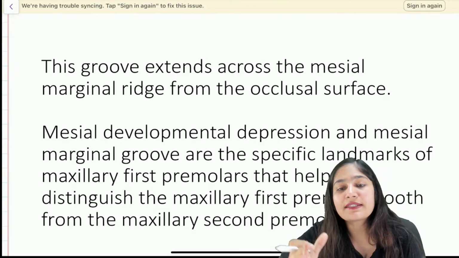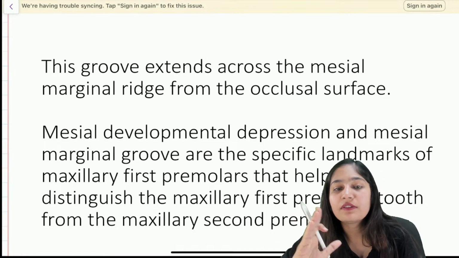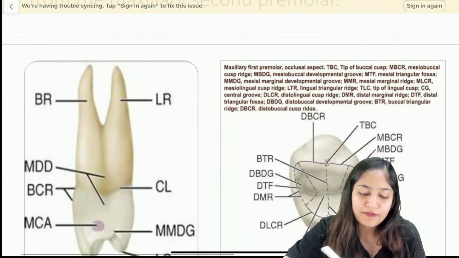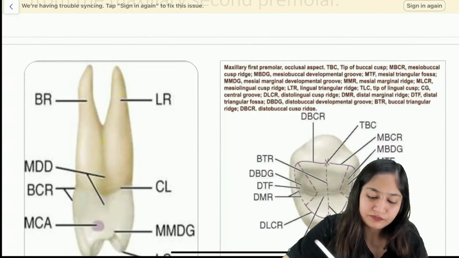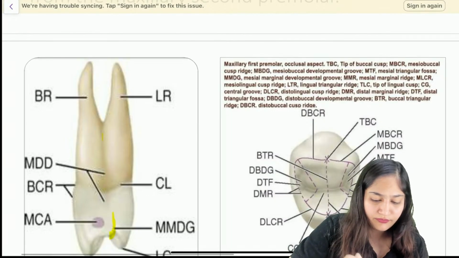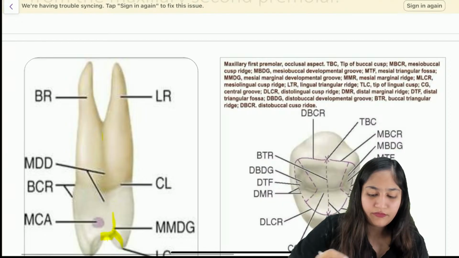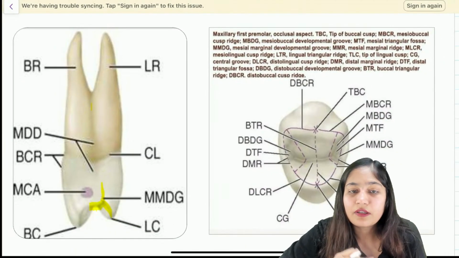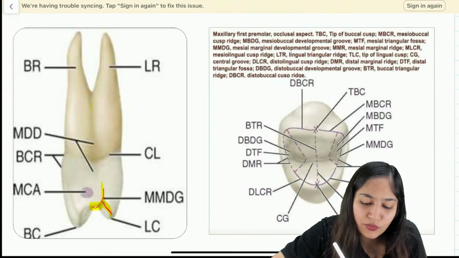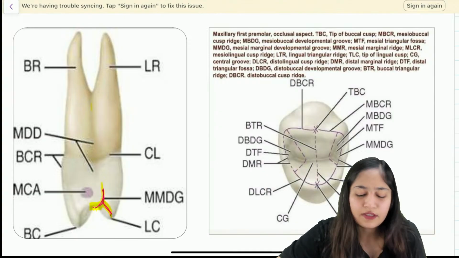This groove extends from the mesial marginal ridge onto the occlusal surface. This is an important feature. Crossing the mesial marginal ridge, here we have a groove extending towards the middle third of the crown.